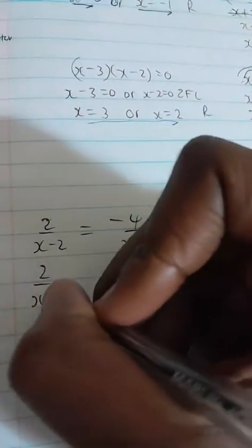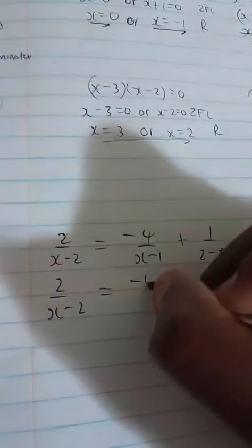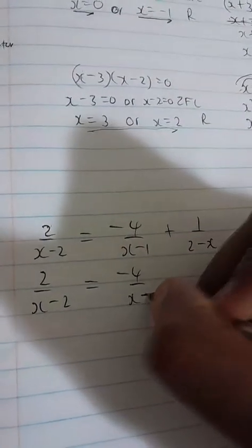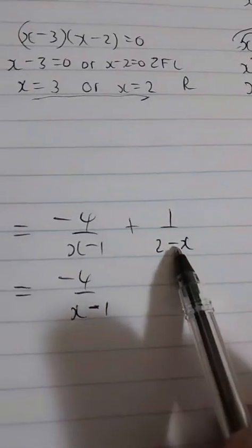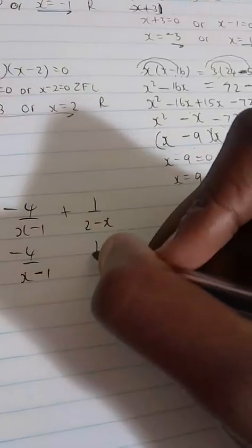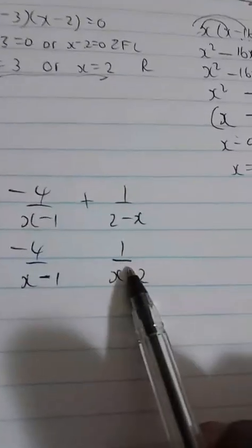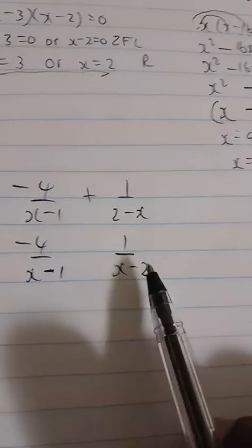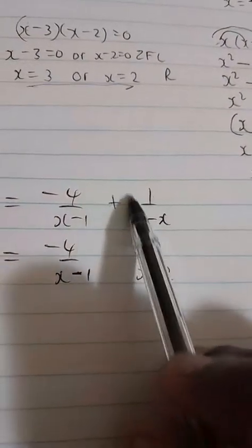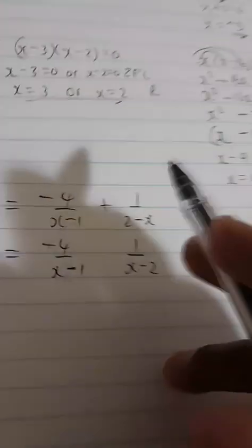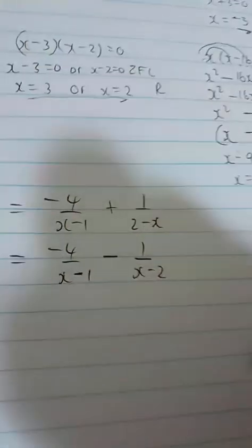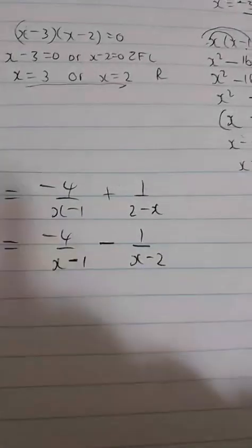Beautiful, Boitumelo. I'm sure by now you guys are experts in the sign change rule. All we simply do, we rewrite this fraction as x minus 2 in the denominator. Then this sign that is positive, we are going to change it to become negative. This is what we call the sign change rule.